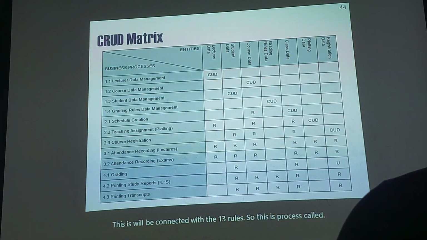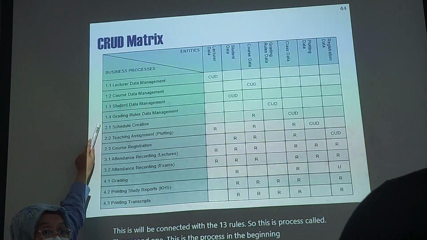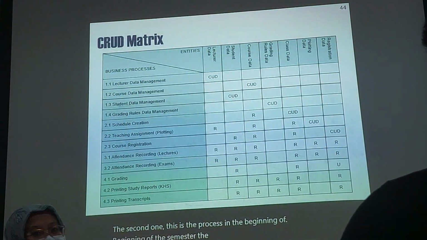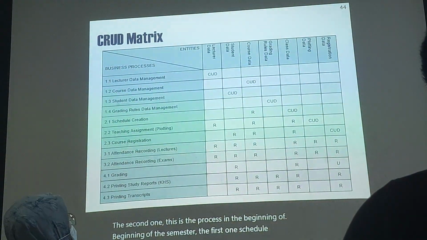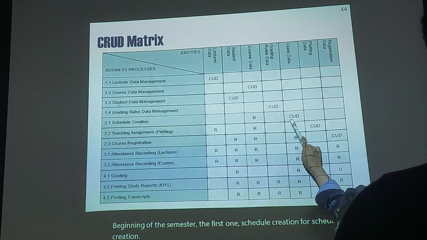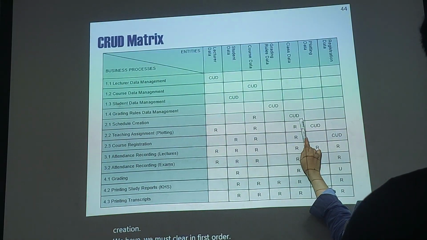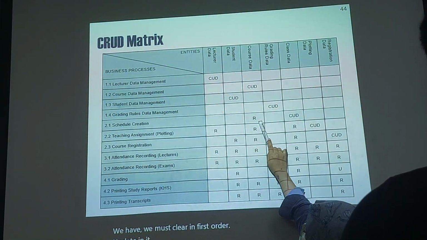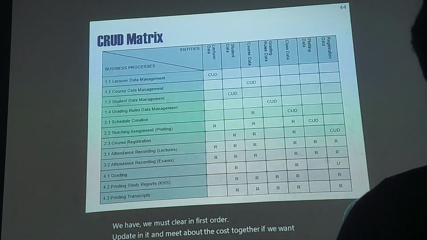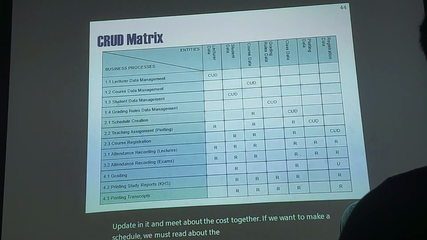The second one is the process in the beginning of the semester. The first one, schedule creation. For schedule creation, we must create, update, delete the class data, and read the course data. If we want to make a schedule, we must read the course, the subject.